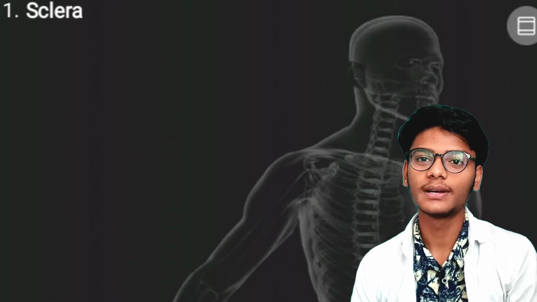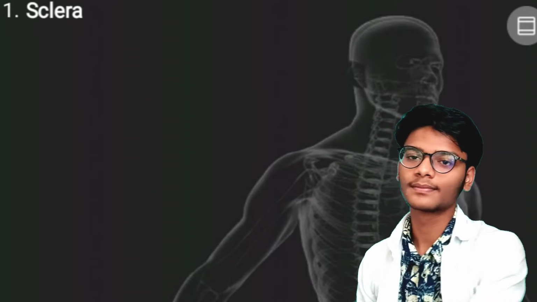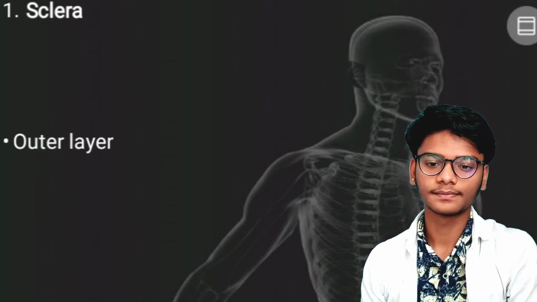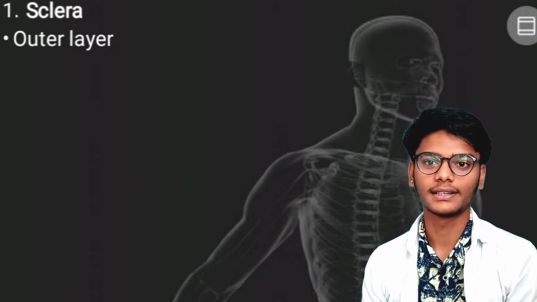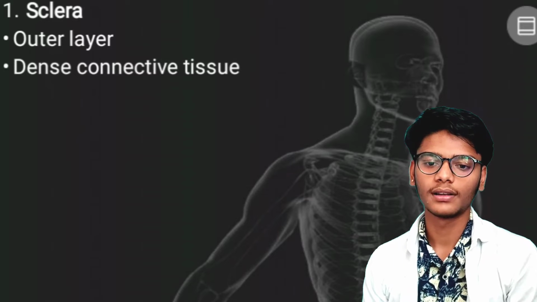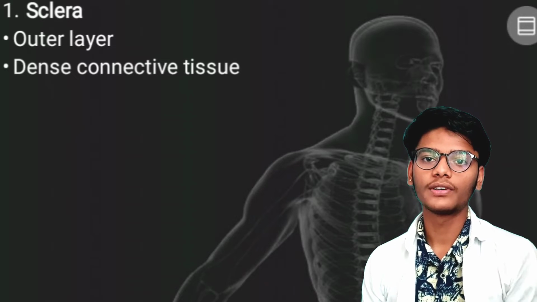So first we will see about the first layer, the sclera. This is the outermost layer, made up of dense connective tissue.